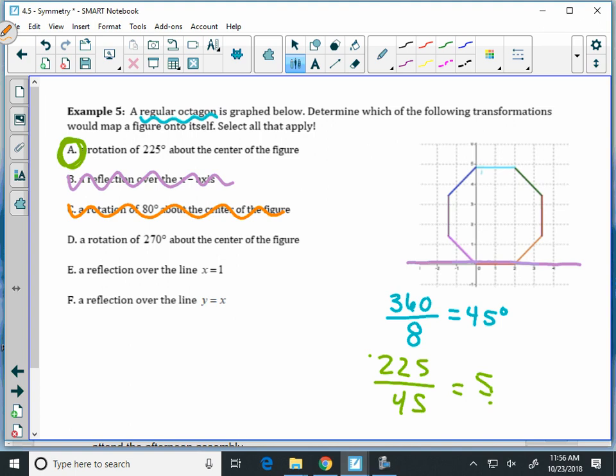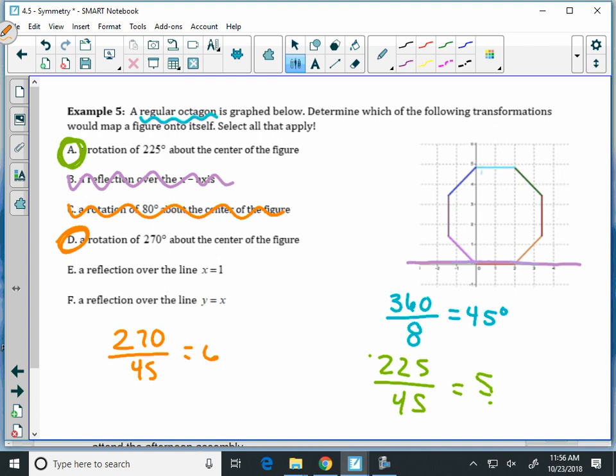Does 45 go into 270? Yeah, it goes into 270 6 times. So if we rotate that octagon at 45 degrees 6 times, it will still map up onto itself. So that is an answer. 6 rotations of 45 degrees is a total of 270.